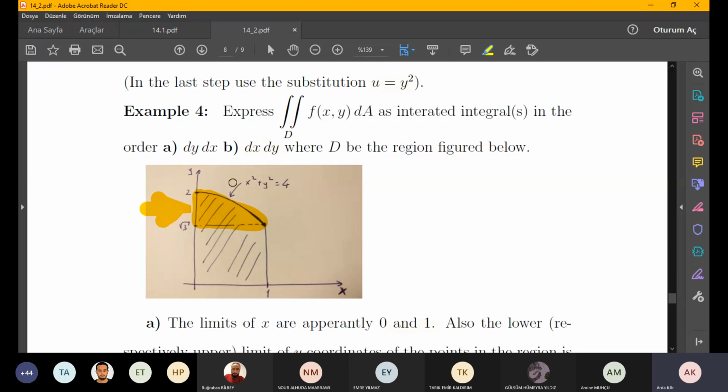So if you write this as x equals square root of 4 minus y square, then this will be the upper limit of integration with respect to x.